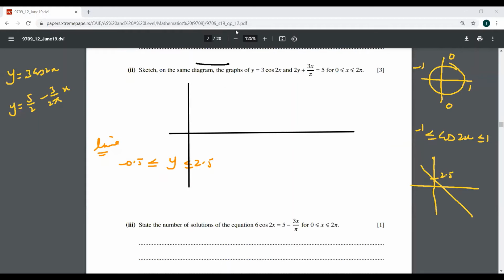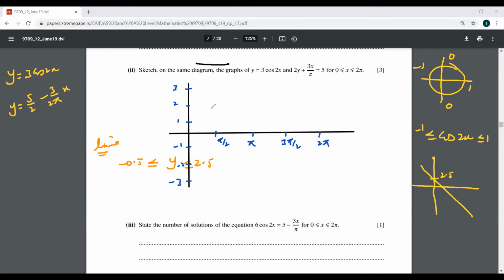So I have 1, 2, 3, -1, -2, and -3. This is going to be pi by 2, this is going to be pi, 3 pi by 2, and then we have 2 pi.